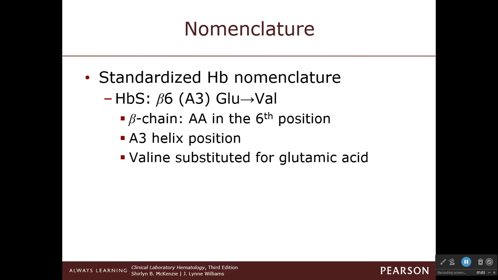So let's say that this is one beta chain, a beta globin chain. Every time there's a curve or a change, it gets a designated letter. Now I'm just making this up. There's a picture in your book that shows you this.